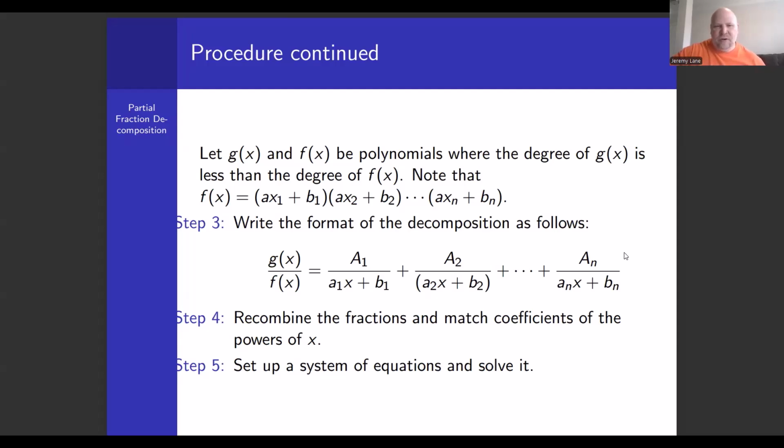So in this first video, when we introduce our process, we are going to just focus on solving a system of equations. When we set up the rest of our videos for the individual cases, then we will still have a system of equations that we're going to solve. So this step 5 here, set up a system of equations and solve it. This is going to be the uniform methodology that we're going to use to determine the coefficient values, A1, A2, all the way up to AN, so that we have just one process for this decomposition.